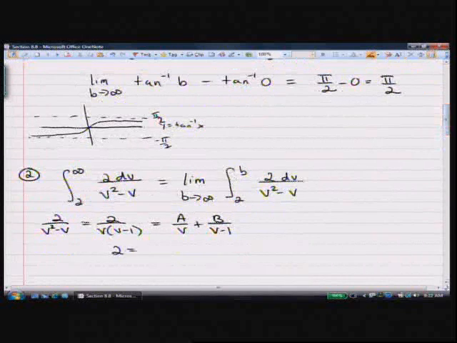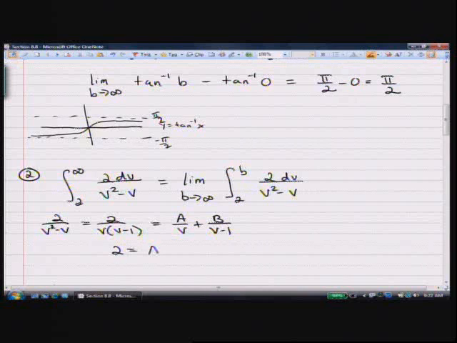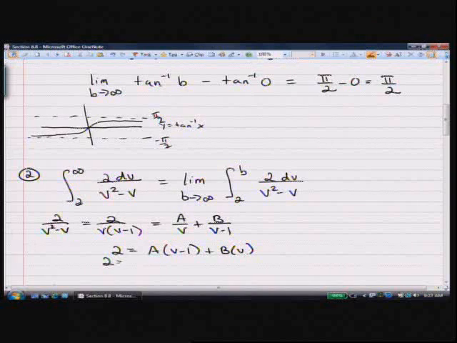So you're going to say 2 is equal to, you get a common denominator there, a times v minus 1 plus b times v. So 2 is equal to a plus b times v minus just a. Everybody okay?